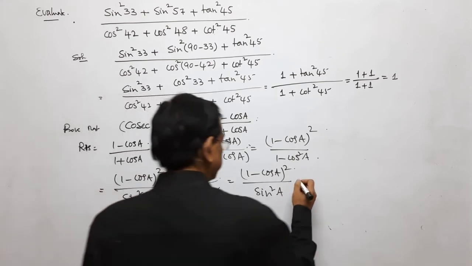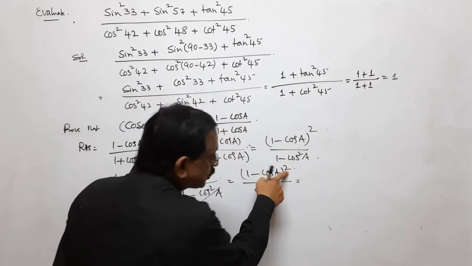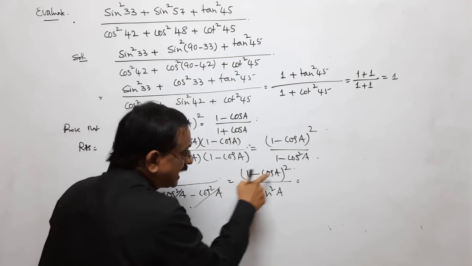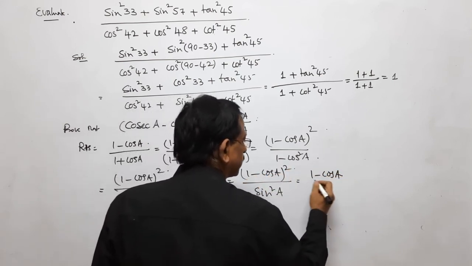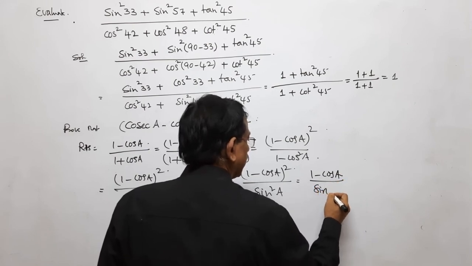This is equal to, this is a square and this is square. This is A square by B square. So I can write down A by B whole square. That means 1 minus cos A by sin A whole square.